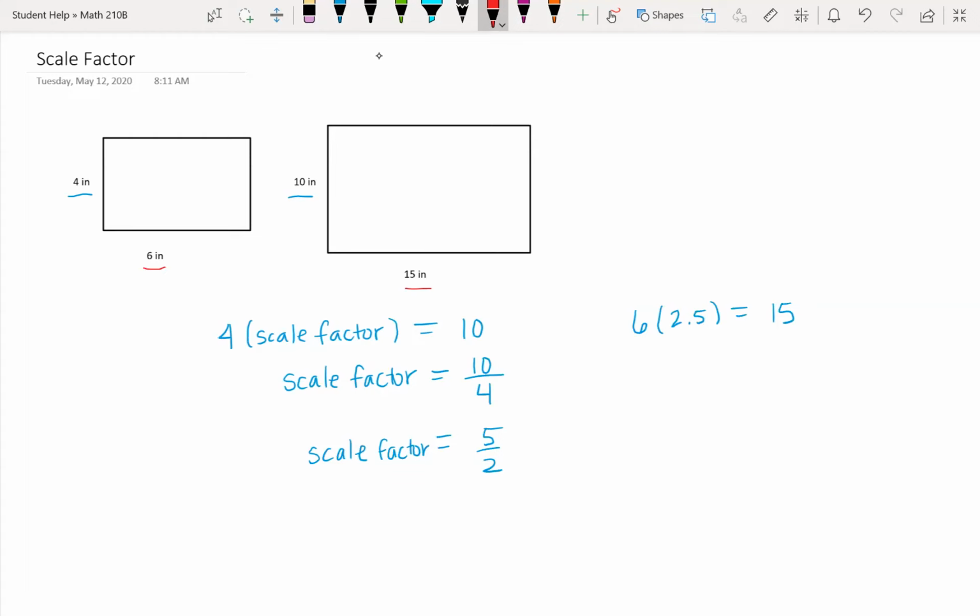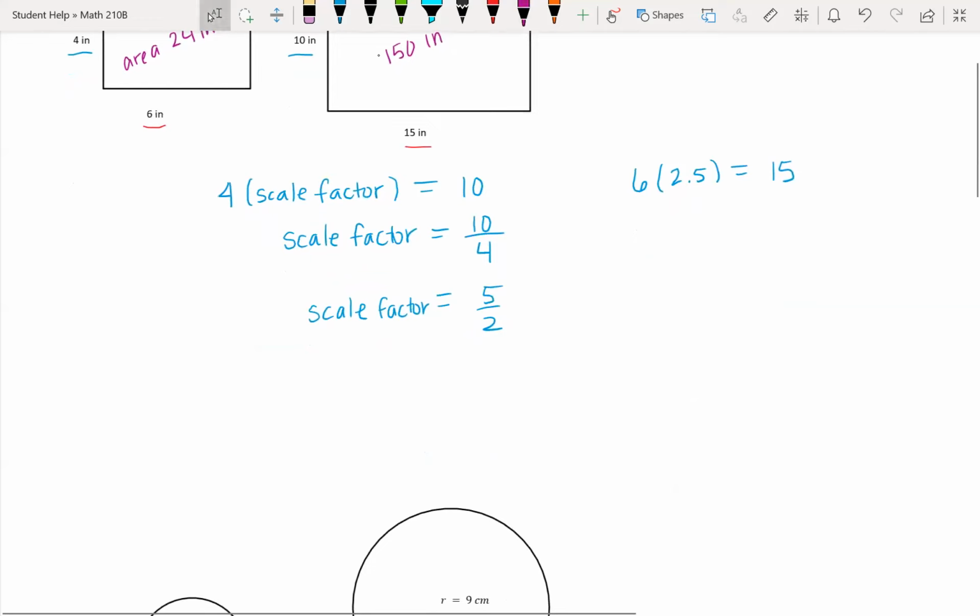Now, the question comes up, what if I were to compare the areas of these two? How does scale factor relate when I talk about the areas? The area of this shape is 24 square inches. And the area of this shape is 150 square inches.